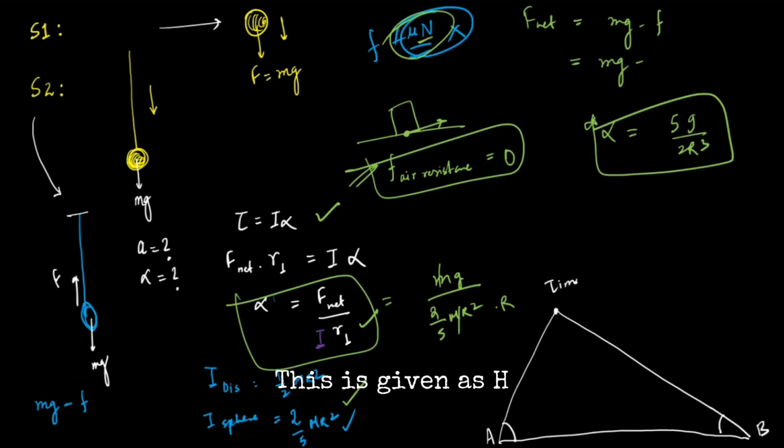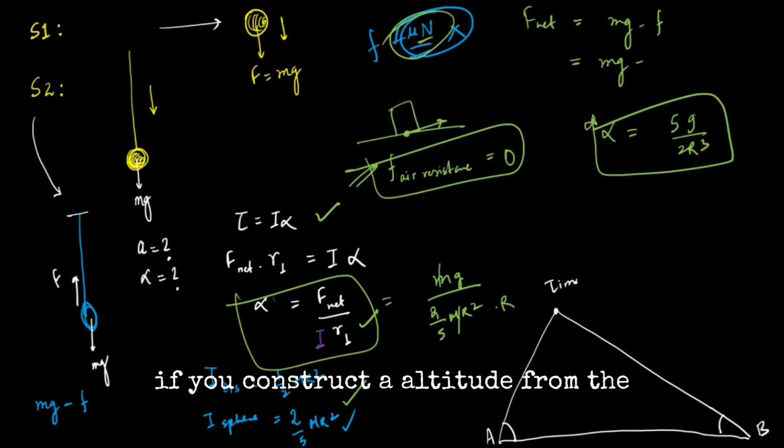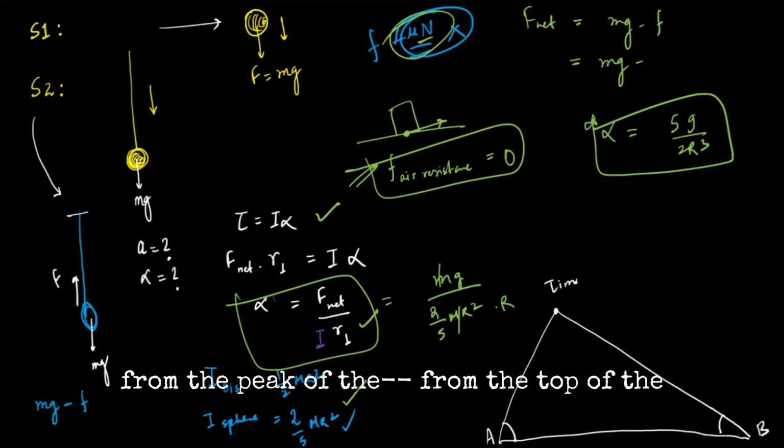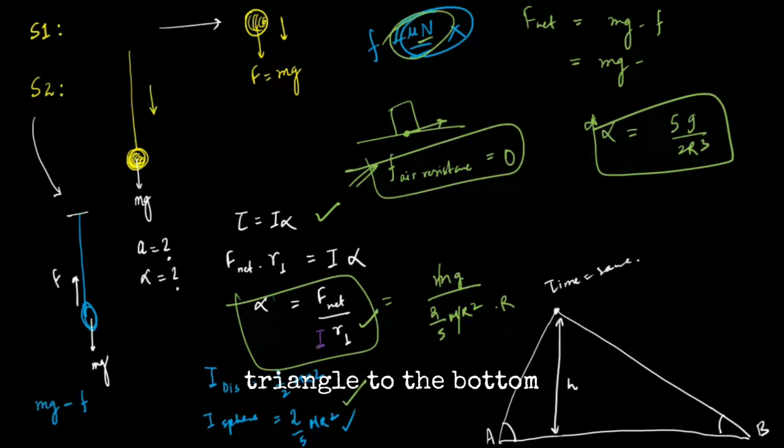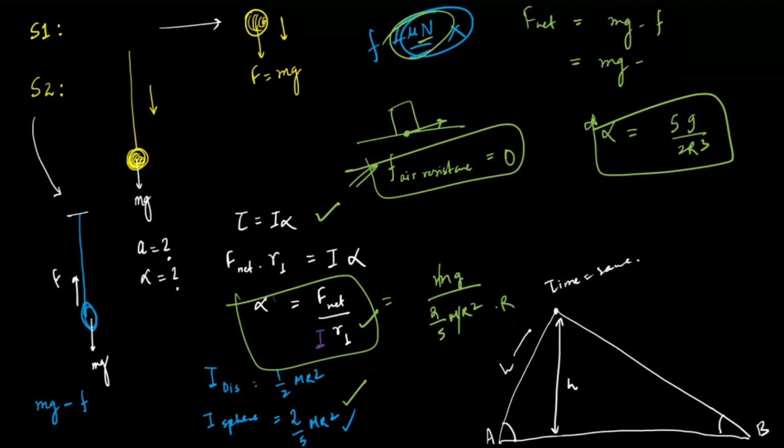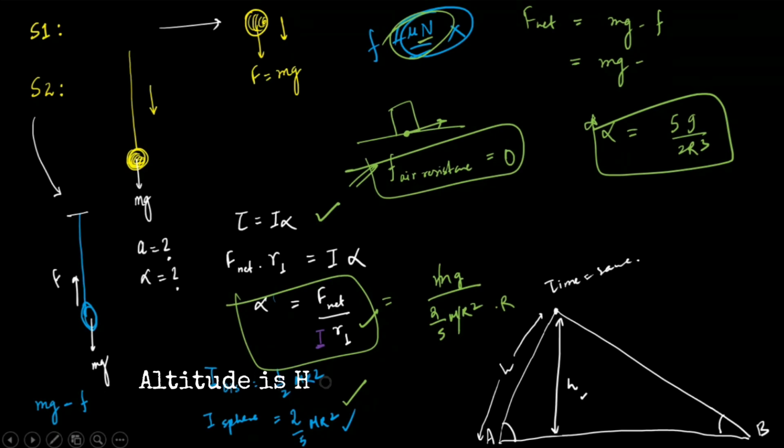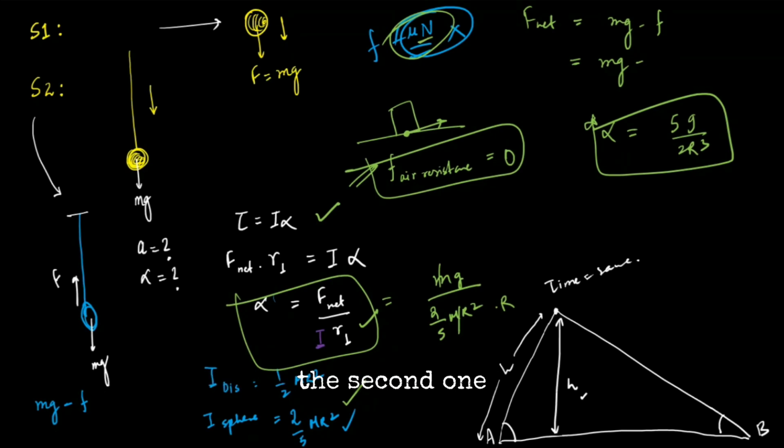If you construct an altitude from the top of the triangle to the bottom, that's given as h, the one inside the triangle, perpendicular to the base.